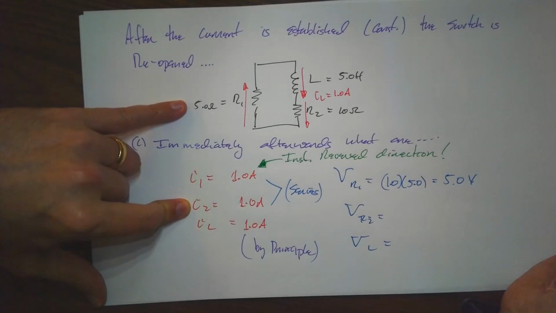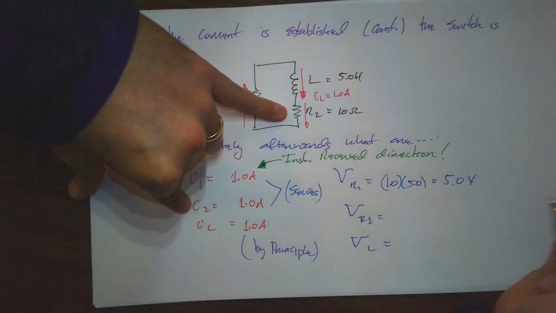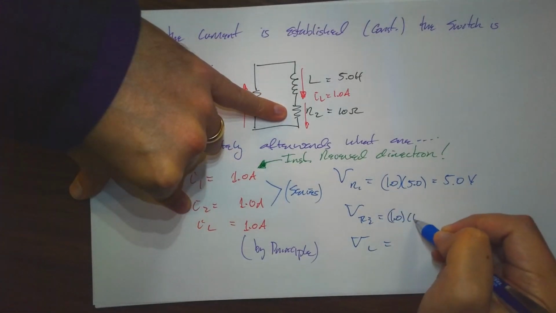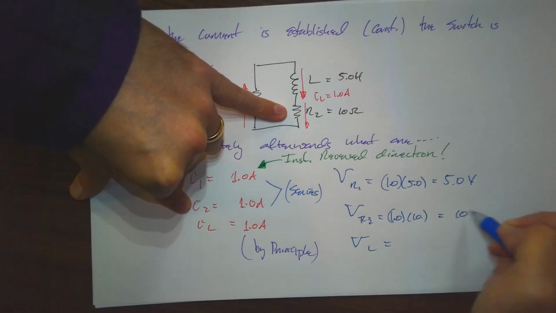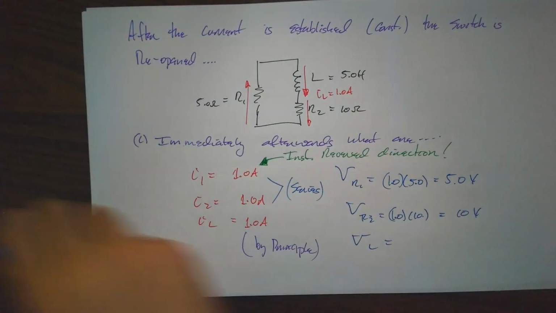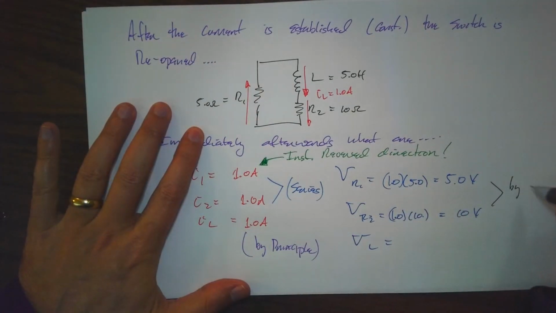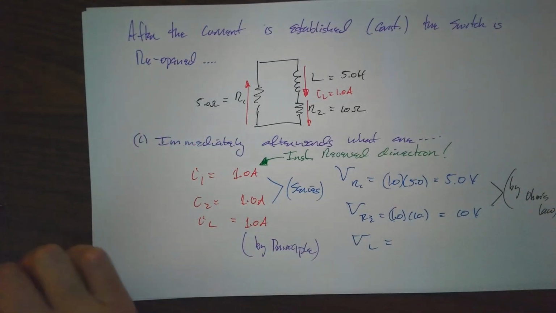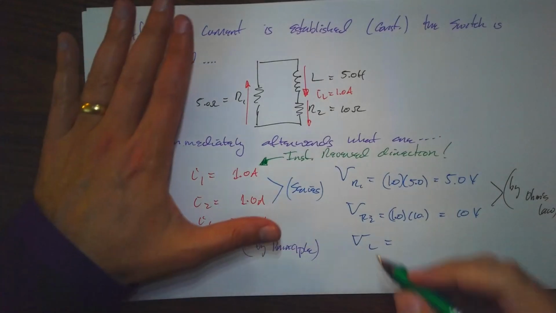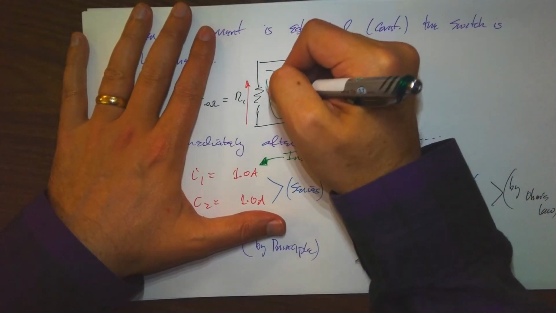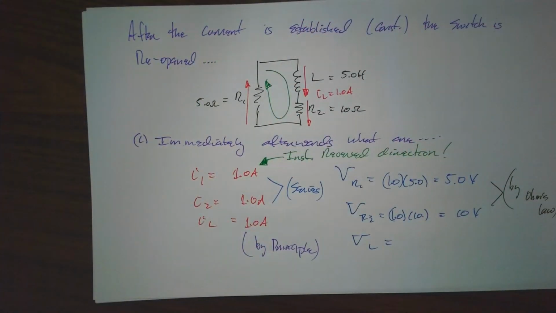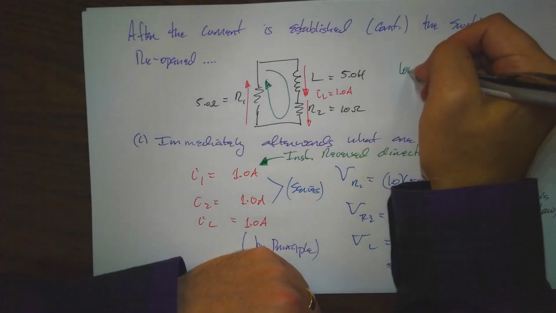What's the voltage in resistor 2? Now this is the coolest thing about the problem. We're going to loop it by our loop rule.